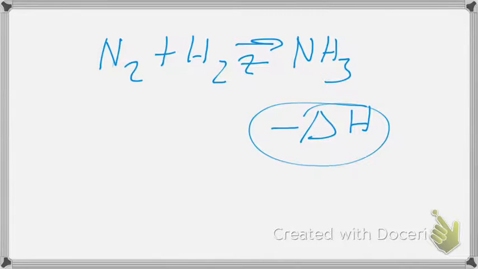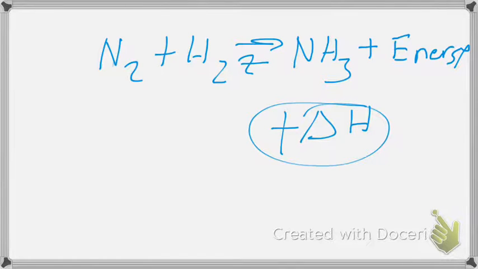Whenever they talk about temperature changes and how it's going to affect or shift the equilibrium, you need to look at the delta H again. So since I know that this is negative and it's exothermic in the forward direction, I'm going to add energy now on the product side.